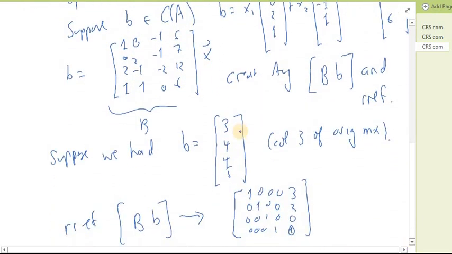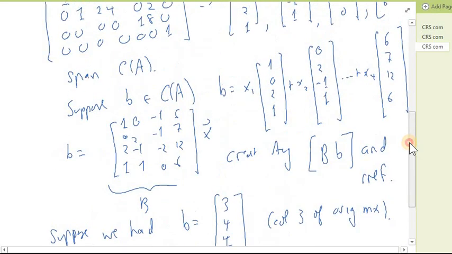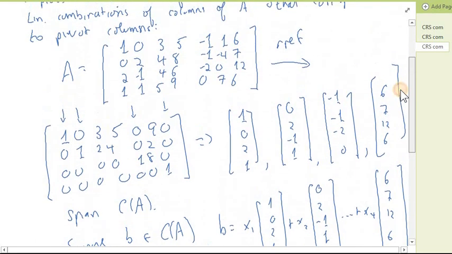This is telling me that to get this third column, I'm going to take 3 times the first column plus 2 times the second column. Let's verify that. Is it negative? No, it wouldn't be negative, because we're augmenting, not solving a homogeneous system.